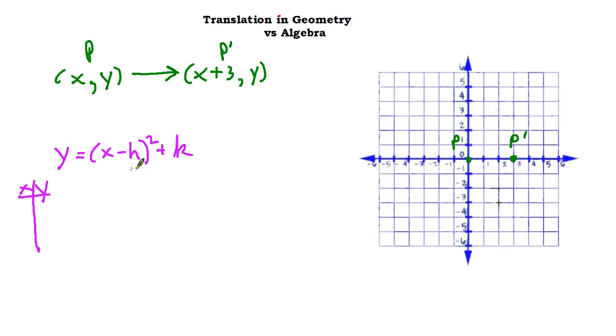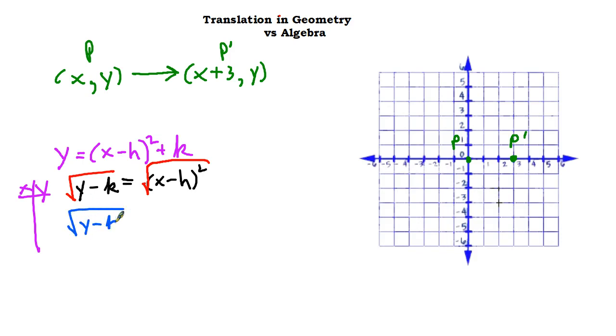So let's go ahead and try to get x all by itself. I'm going to do y minus k, so we subtract k from both sides. And then we will do the square root of both sides. And when we do that, we end up with simply the square root of y minus k equals x minus h.